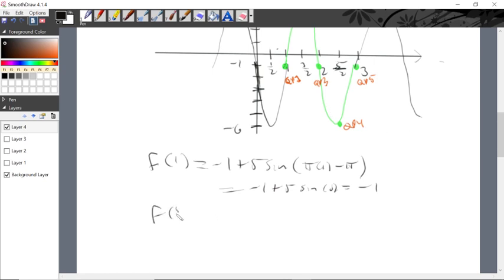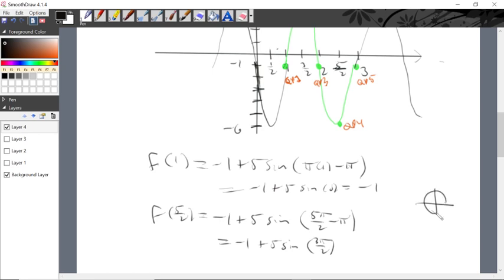How about 5 halves? f of 5 halves would be negative 1 plus 5 times the sine of 5 pi over 2 minus pi. That's negative 1 plus 5 times the sine of 3 pi over 2. Going to the unit circle, when t is equal to 3 pi over 2, the y coordinate is equal to negative 1, so the sine of 3 pi over 2 is negative 1.